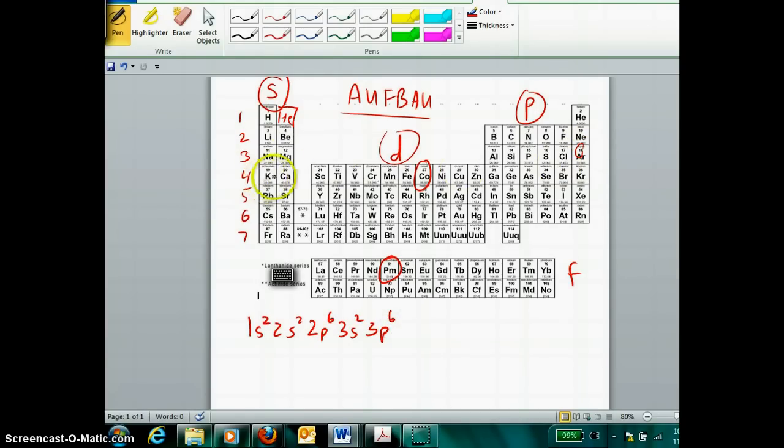After 3p comes 4s with 2 electrons. After 4s, this is where we hit the d's, and the first d is 3d. And with the d orbitals, you can accommodate 10 electrons. No need in counting, there are 10. Then 31 through 36 are in a p, and if this is 2p, 3p, this must be 4p, 4p6.